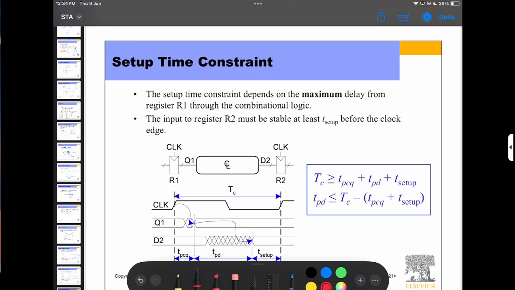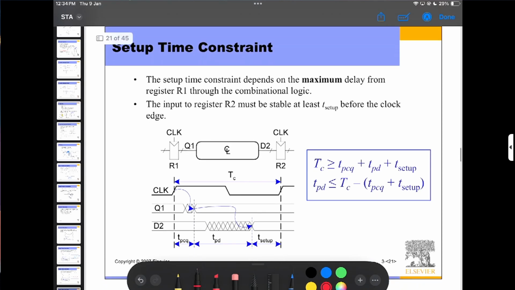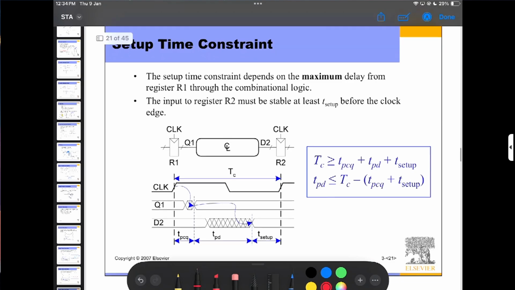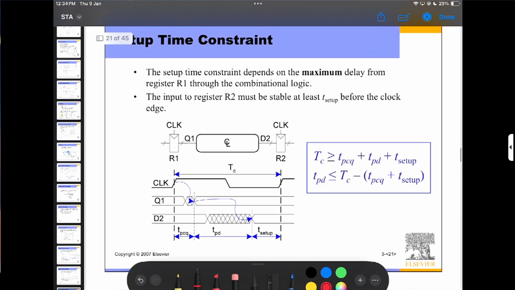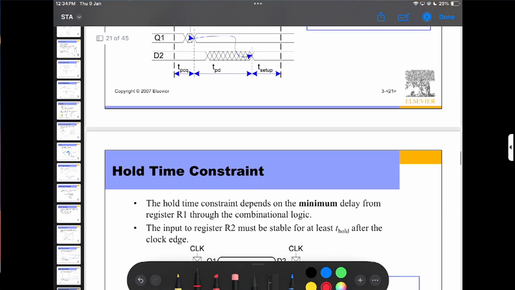The setup time constraint depends on the maximum delay from register R1 through the combinational logic. The input to register R2 must be stable at least T setup before the clock edge. So your input should not be changed, otherwise it goes to a metastable state.